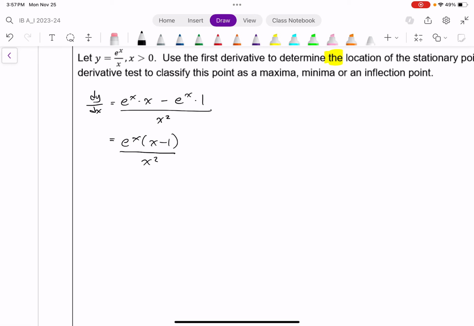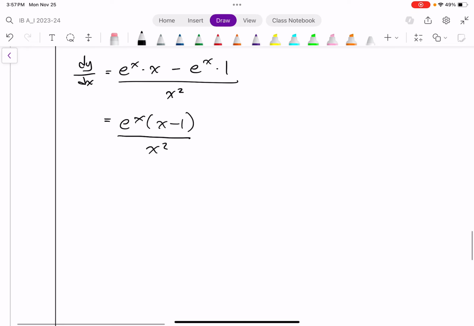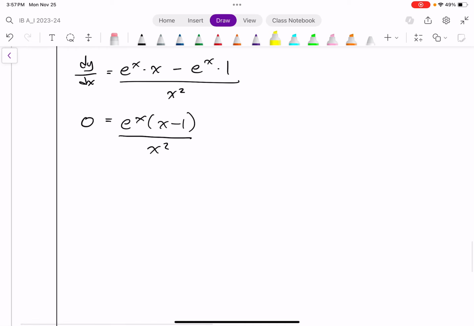That said, it says use the first derivative to find the location of the stationary point. So my stationary point is where my first derivative equals 0. And the only way this fraction can equal 0 is if my numerator equals 0. Because again, x has to be a positive number, so the only way this can equal 0 is if e to the power of x times x minus 1 equals 0.